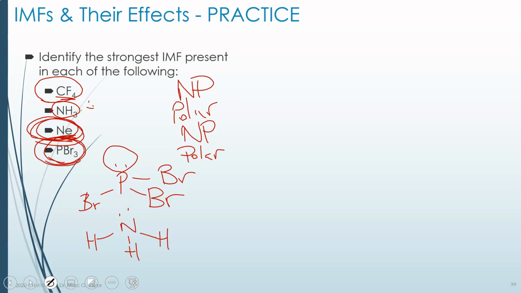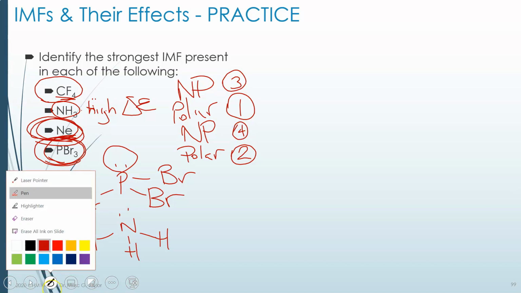That's a higher difference in electronegativity. So our number one will be ammonia. Our number two will be this phosphorus tribromide compound, and then we're left with the much weaker carbon tetrafluoride and the even weaker and smaller neon gas.